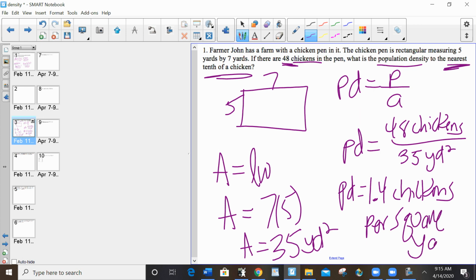So you'll see population density a lot. You'll see that talked about in social studies. You hear that talked about a lot right now, actually, with everything that's going on. In areas that are more densely populated, that have a higher population density, you'll see that the spread of COVID-19 is a lot higher, because what population density measures is how many people or chickens or whatever is within a specific space.